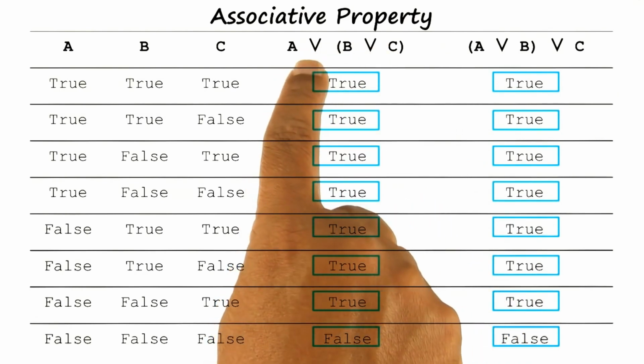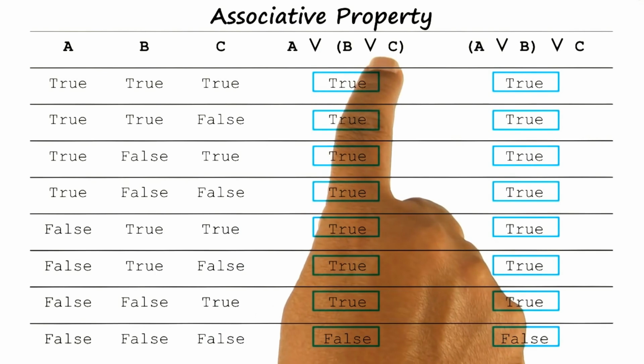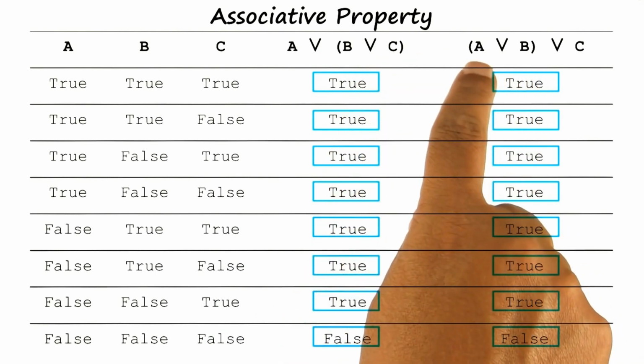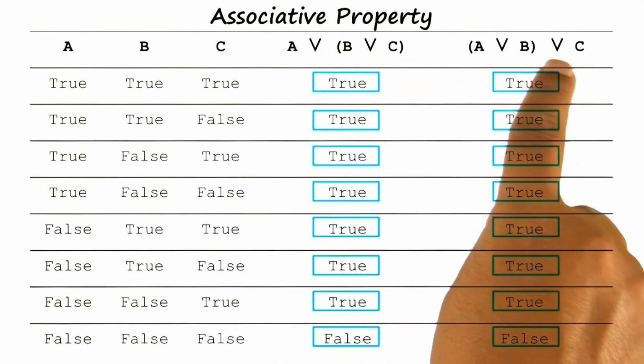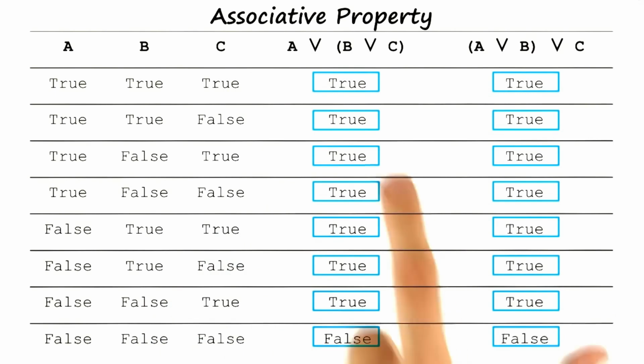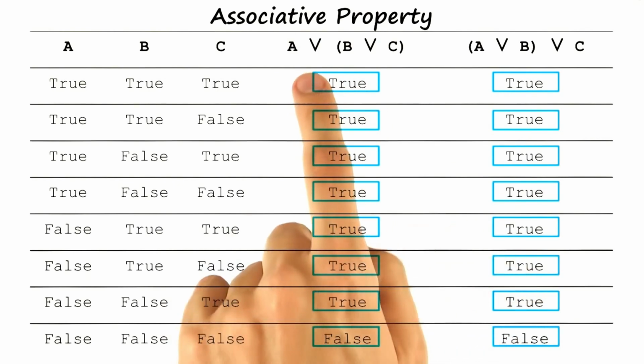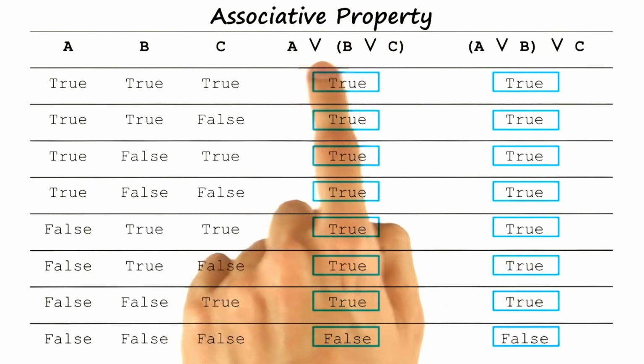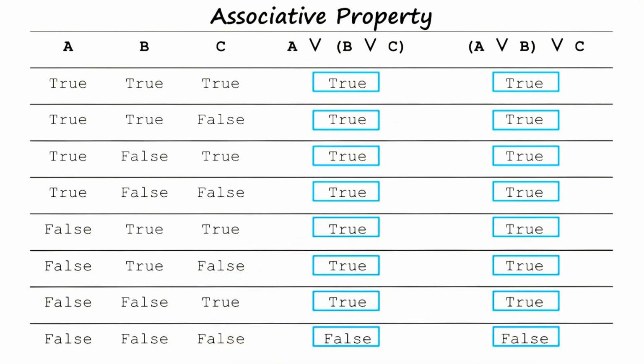If it was A and (B and C), or (A and B) and C, it would have had the same values. The difference between these formulas and the ones we were doing before are the values of these operators. Associative property works when it's both ors or both ands. Distributive property worked when there was a mixture of operators.